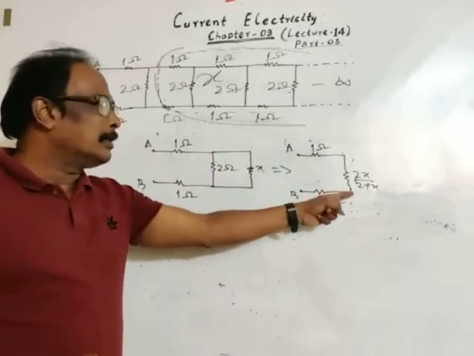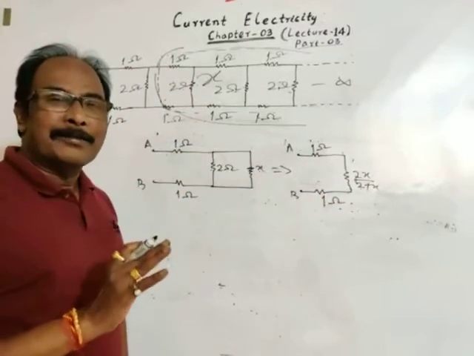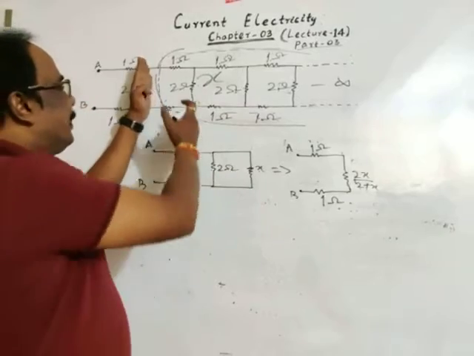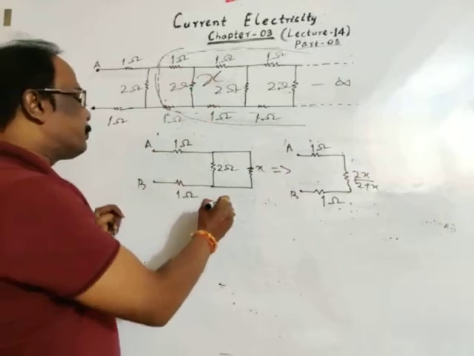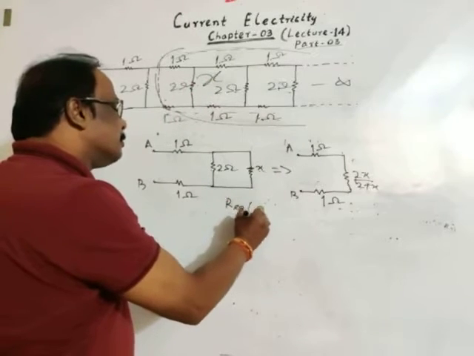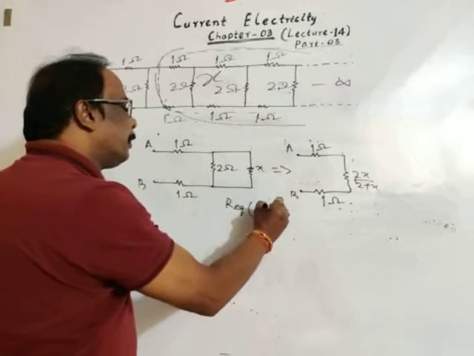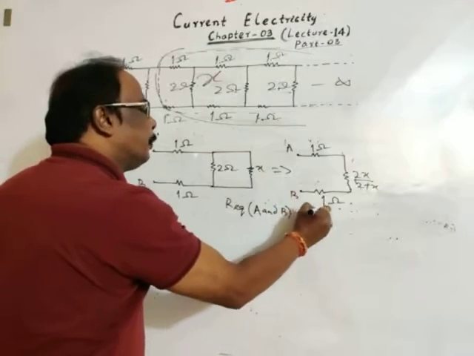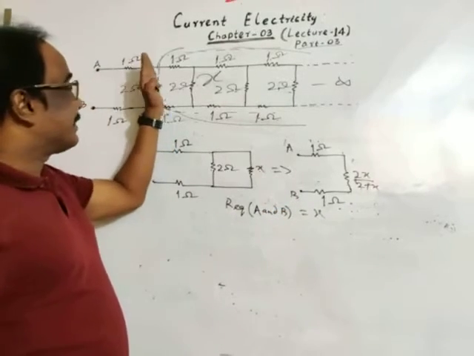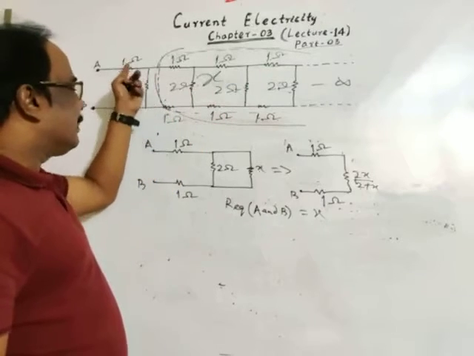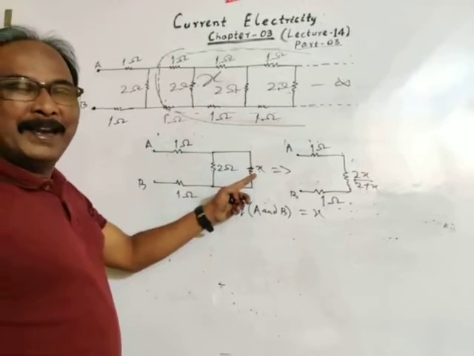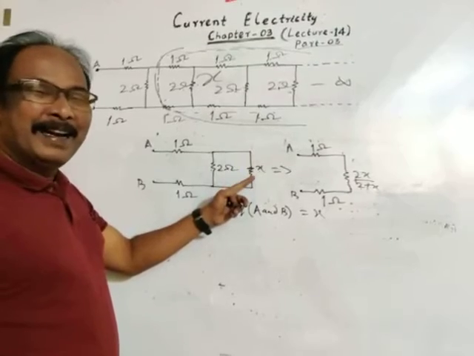Now all these resistors are in series. Since the equivalent resistance of the infinite set is X, the equivalent resistance between A and B is also X. Because these are infinite sets, we are adding only one set with the equivalent resistance of the infinite sets.